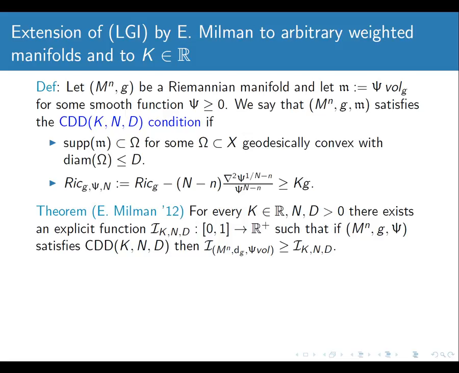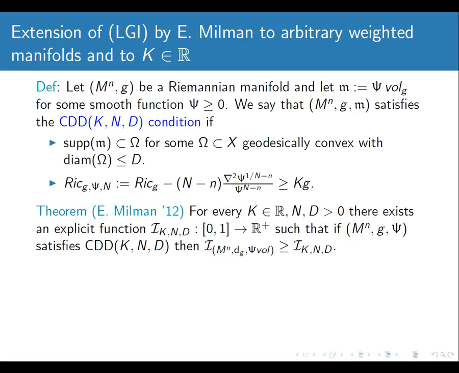There is a very nice generalization of this Levy-Gromov isoperimetric inequality for any k, so also for negative curvature, and it was done by Emanuel Milman some years ago, I think in 2012. He managed to get the same type of result as the Levy-Gromov inequality, but also for negative curvature.